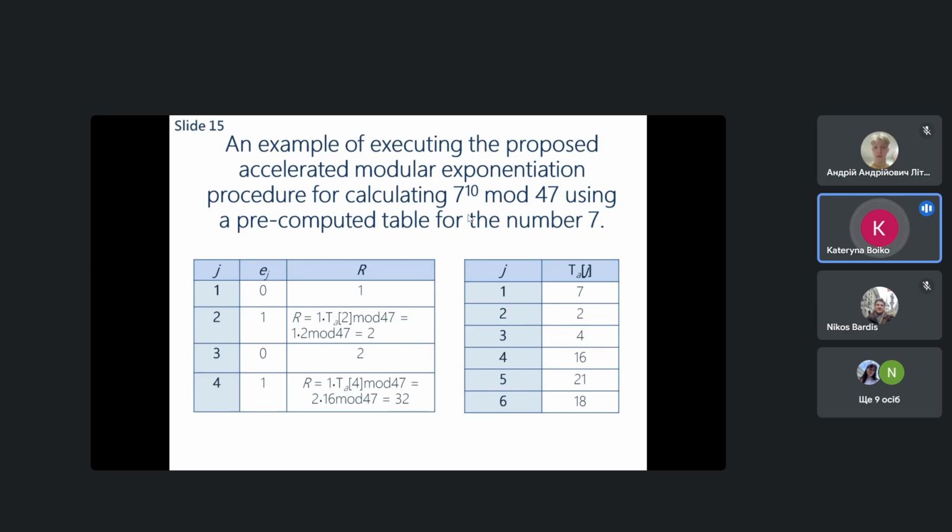The example is presented as a table showing the dynamic changes in the parameters of the proposed method. On the right side, the precomputed table used in this example is shown.